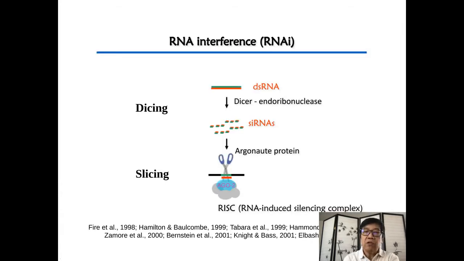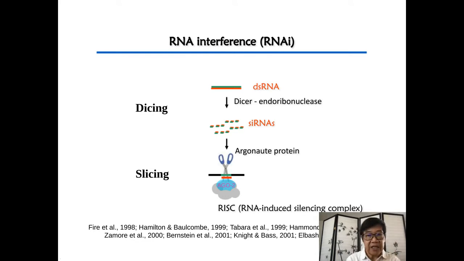I'm sure all of you know about RNAi, and it includes two key steps, dicing and slicing. In the first step, long double-stranded RNA is diced by the endoribonuclease Dicer into small interfering RNAs, or siRNAs.